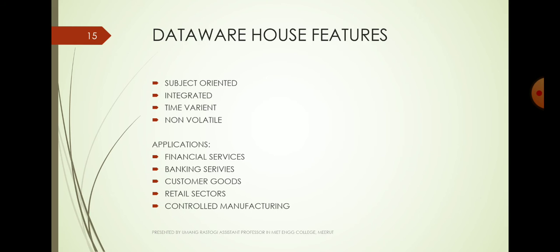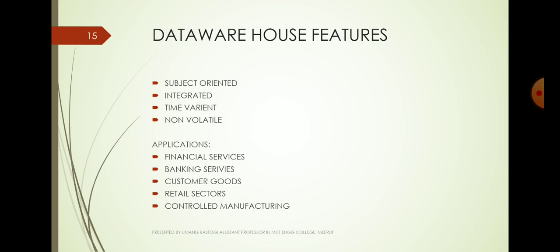Now we will discuss the applications. First one is financial services. How does it apply to financial services? We can check how much profit and how much finance was used in the last years for our company. So we can see whether our profit has increased or decreased, how much percentage we are giving to the market, and how much comes back from the market. Next one is banking services.